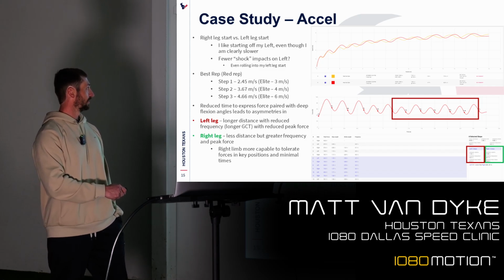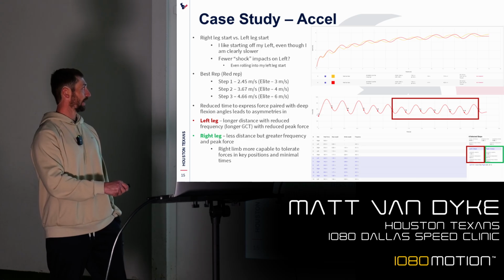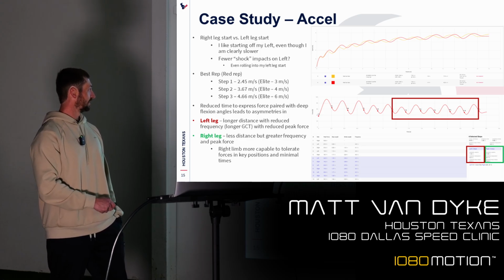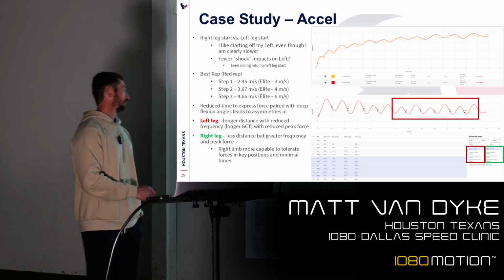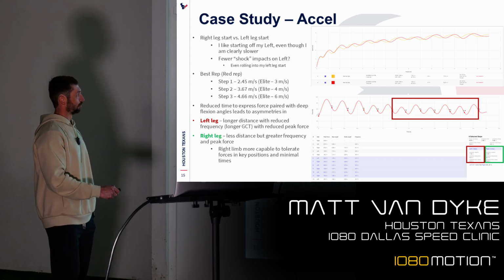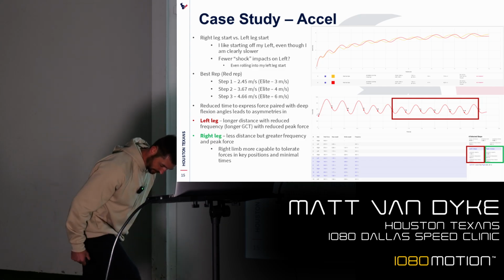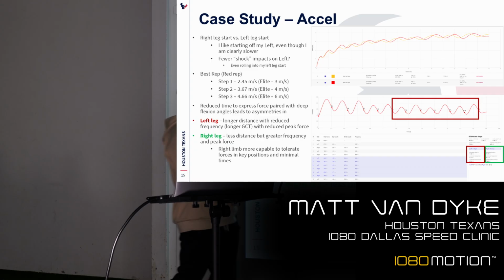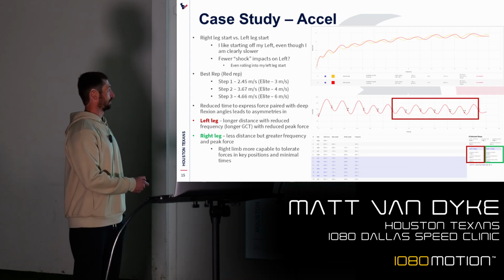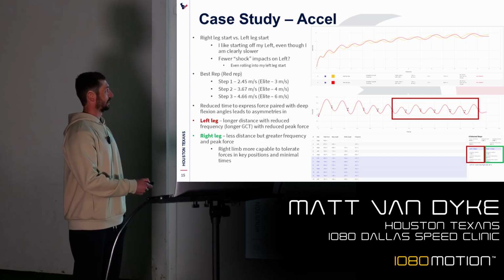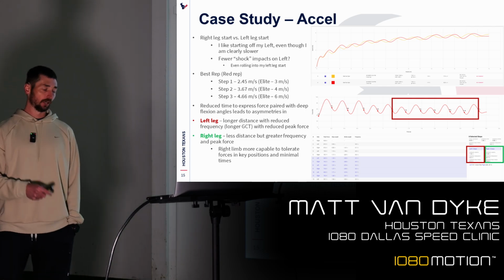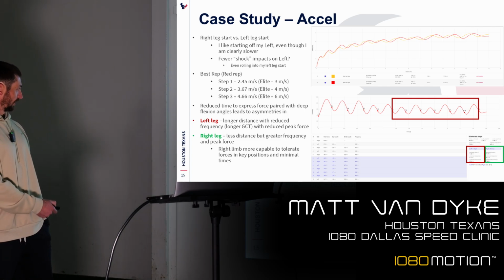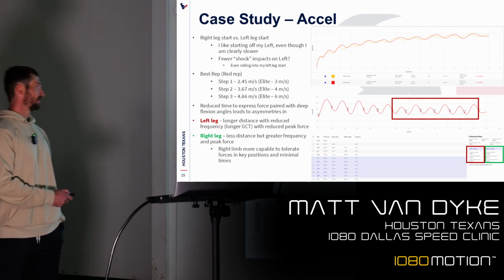For every step you can see what's happening across speed, and then down here is every step from a force over time. The red here is my right leg start. So I'm here to start, driving off my right, and then you can just go step by step, right, left, right, left, all the way through. Their software will break this down for you systematically if you want to review some of the key components of each stride.